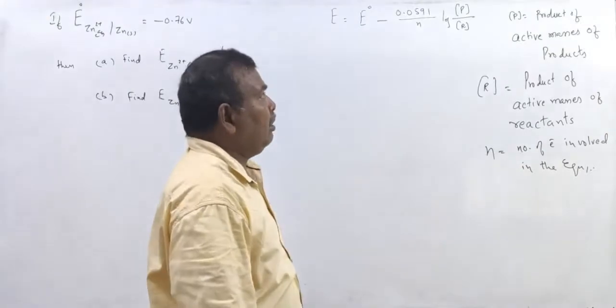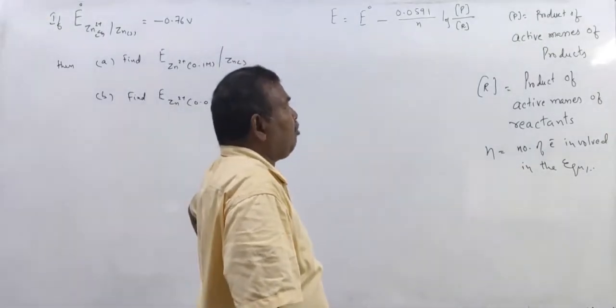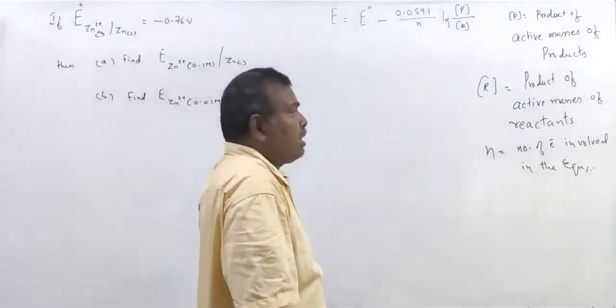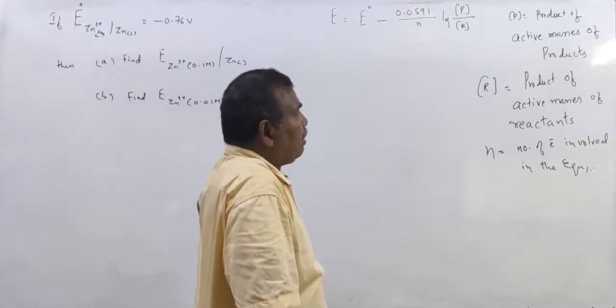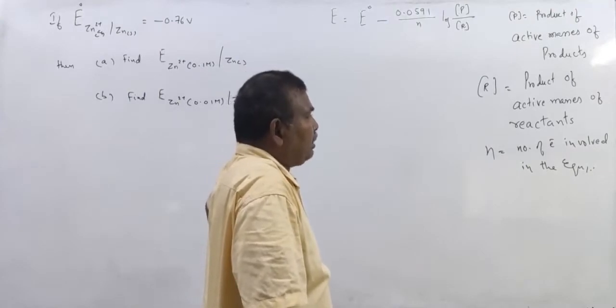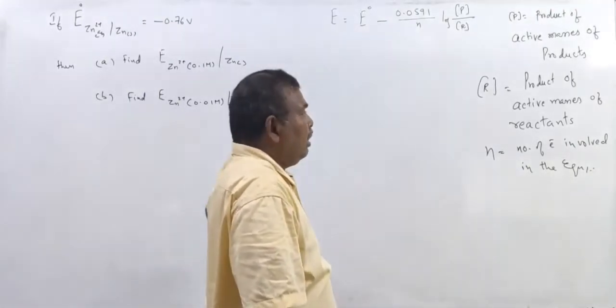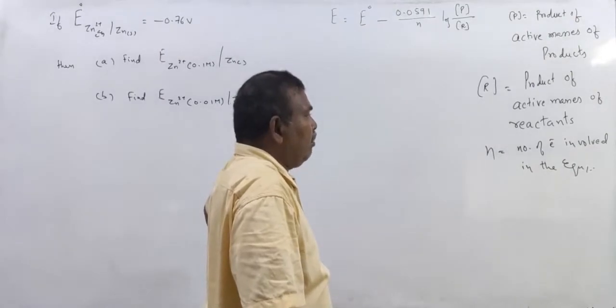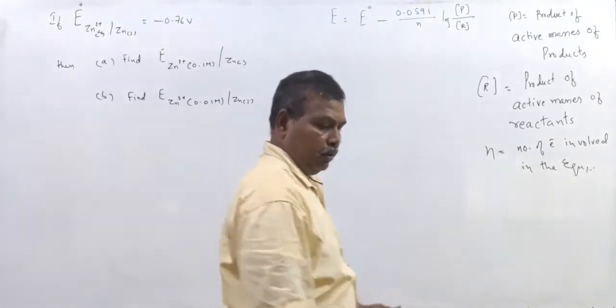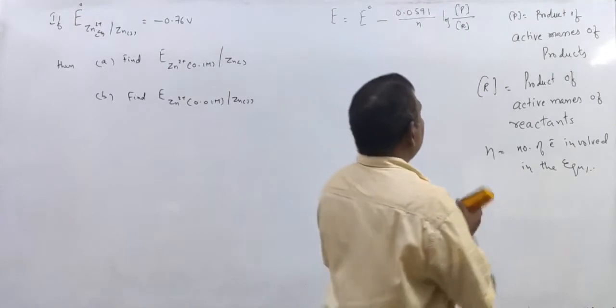P stands for the product of active masses of products, R stands for the product of active masses of reactants, and n is the number of electrons involved in the equation.